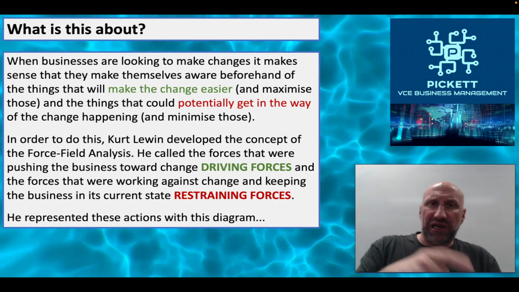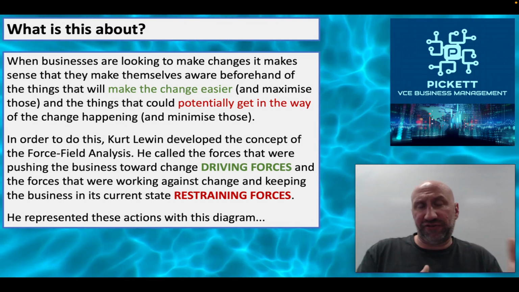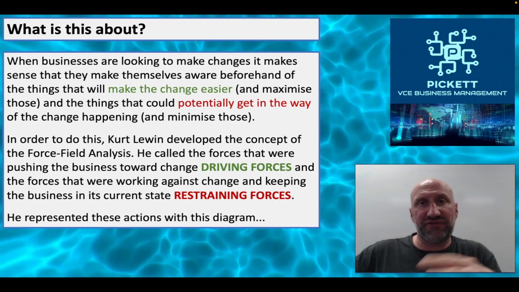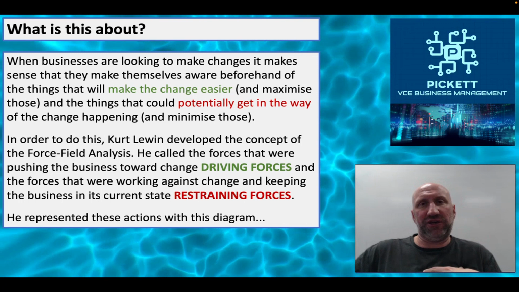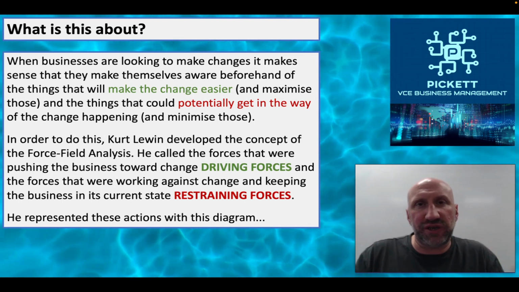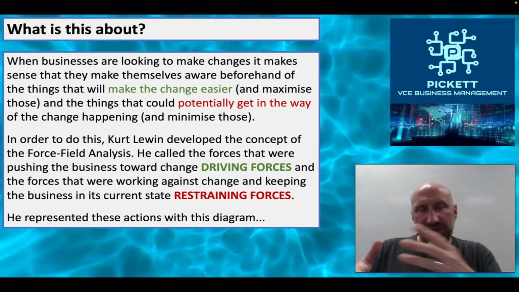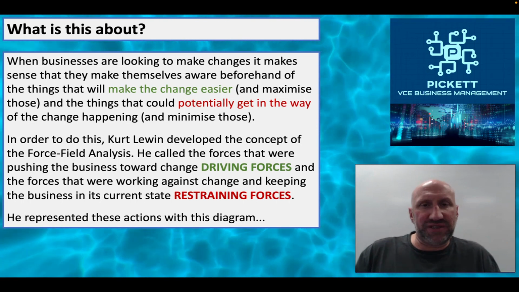Remember in the first video of the series, when we talked about the concept of change, we said managing change is a difficult process, largely because it involves people changing, and people don't like to change and they'll be resistant to change. There's other issues as well, but that's an example.